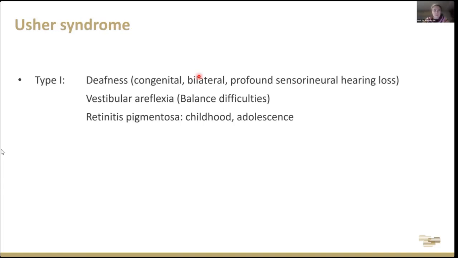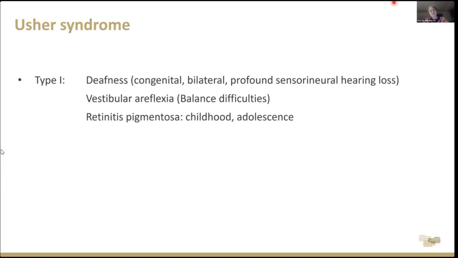We have several types of Usher syndrome, and we have said already there is type 1 and type 2. Currently, there are 4 known types, 1 to 4, and type 1 is, I would say, the most severe one. Here we have deafness, which is congenital, meaning present already at birth. It's a quite profound sensorineural hearing loss. Basically, all the children are born deaf with a very profound impairment, and also the vestibular nerve is affected.